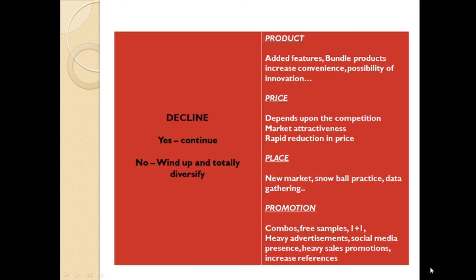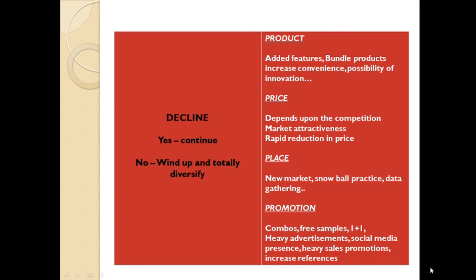And if at all you can add some new innovation in the existing product, that is very welcome. You can make some product modifications. Price, find for market attractiveness, find a place where you have not played, and you go for rapid reduction in price again, because already we are in the decline stage. Again, if you go for place, find new markets.